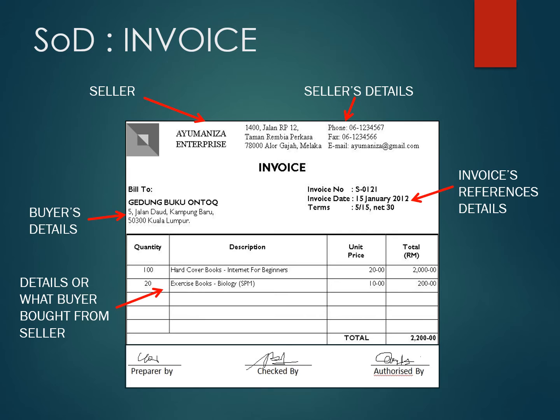This is the maximum number of days that you can delay if you want to have the cash discount of 5%. And net 30 is the maximum number of days you can delay the payment for this particular invoice.